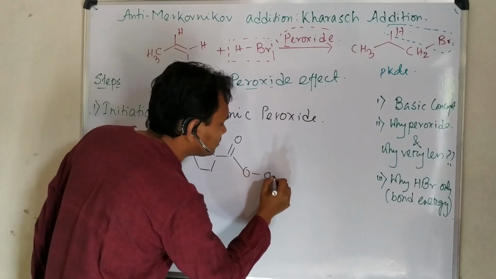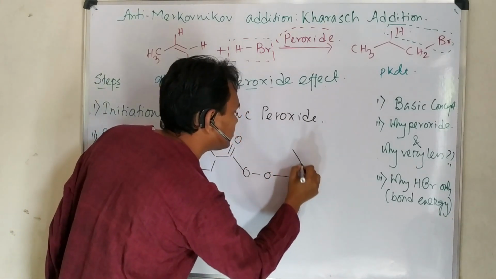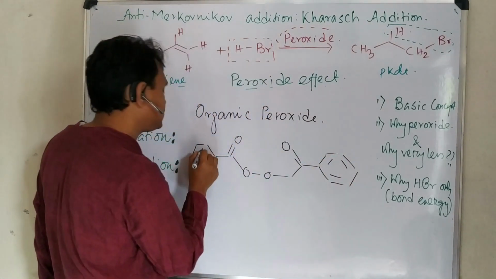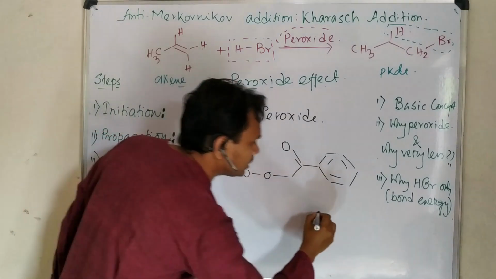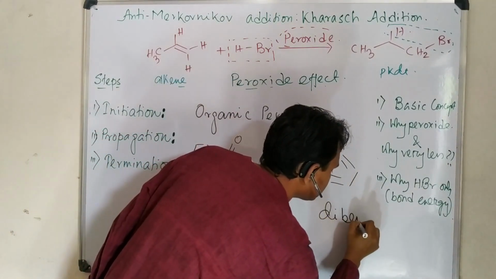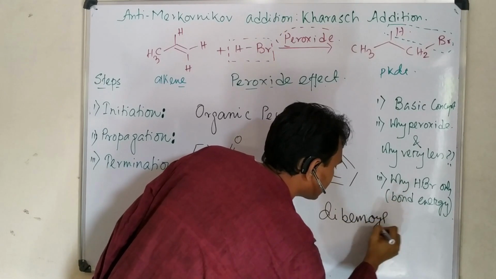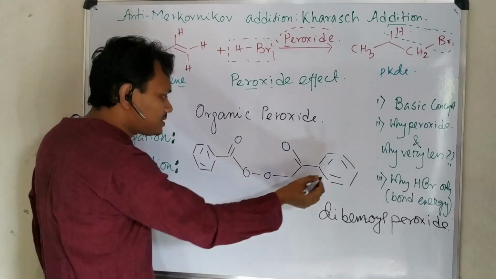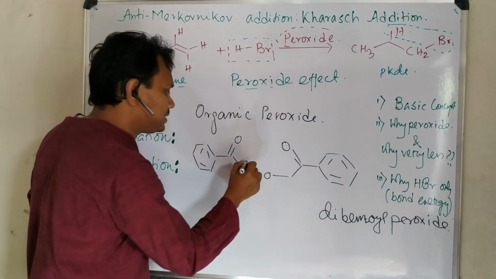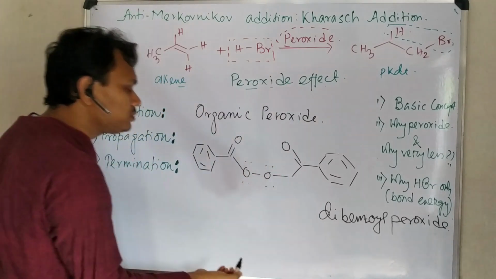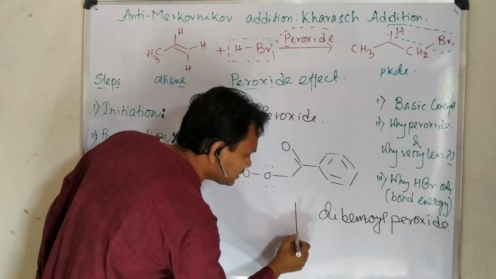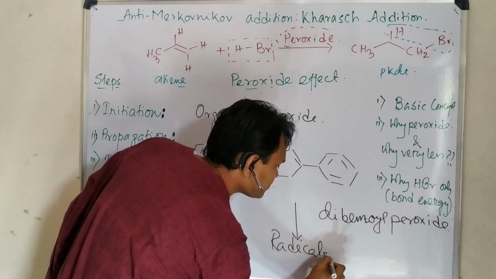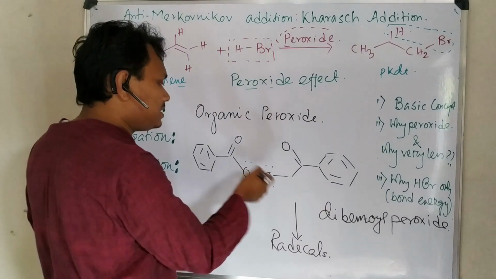This is the dibenzoyl peroxide. Why am I saying benzoyl? Because this is a benzoyl group. And what happens? It breaks and produces 2 radicals. I'll explain the mechanism slowly. It generates radicals.